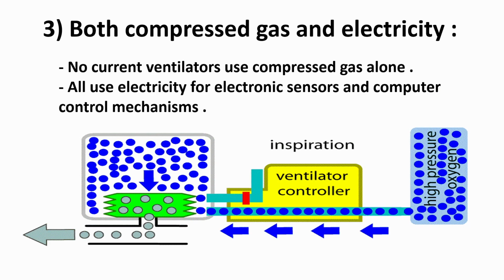And right now, most devices are using both compressed air and electricity, as we said before. No current ventilators are using compressed gas alone, or using electricity only for electronic sensors and computer control mechanisms.